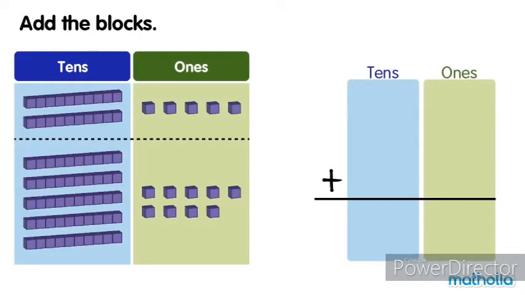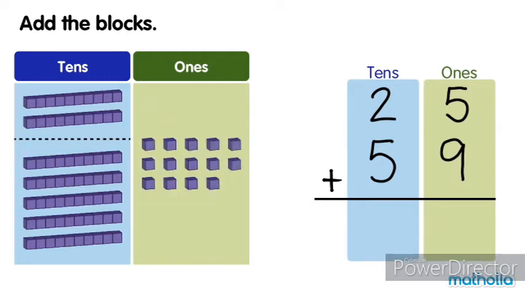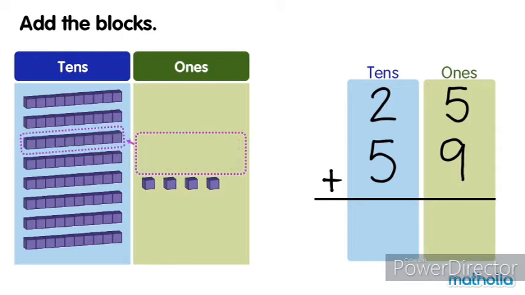Add the blocks. There are 25 blocks and 59 blocks. Start by adding the ones. 5 ones plus 9 ones equals 14 ones. We can regroup 14 ones into one 10 and 4 ones.